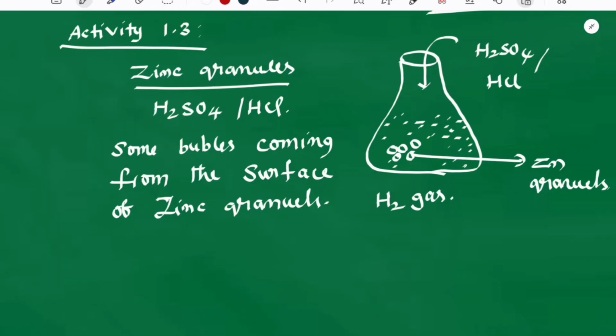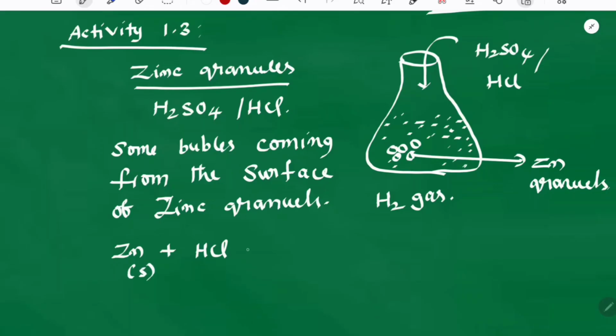Actually, you studied this in 8th class, in the metals and non-metals chapter, the reaction of metals with acids. You already studied the chemical properties of metals, the reactivity of metals with dilute acids. So same here. Zinc granules react with HCl.